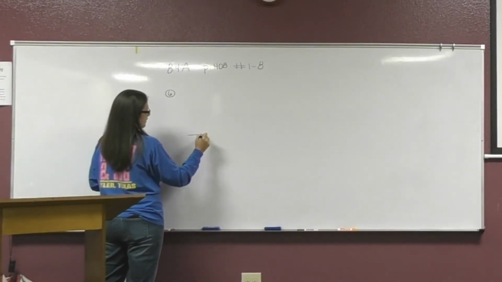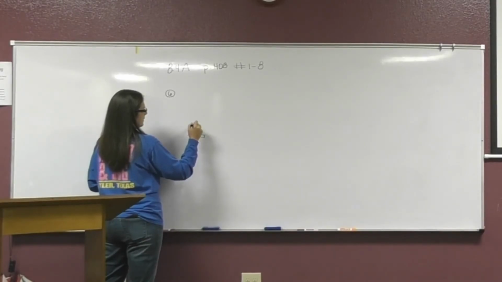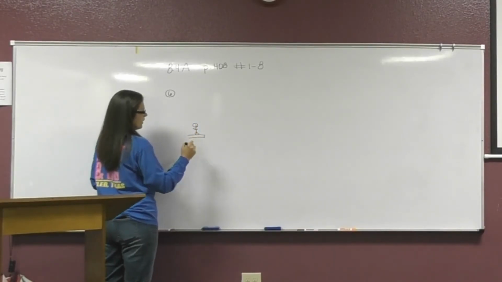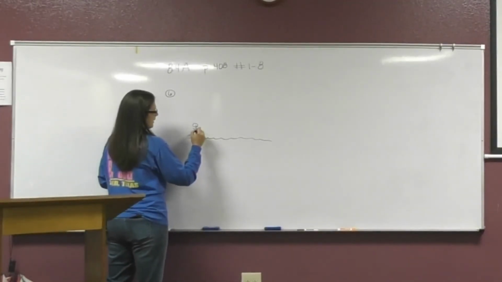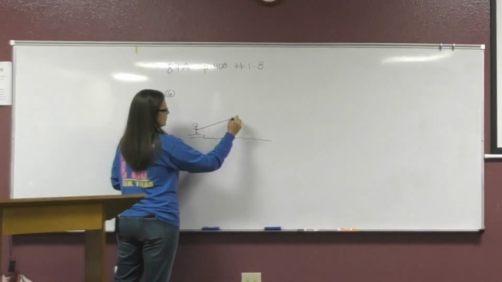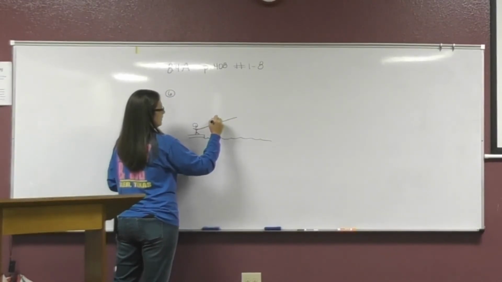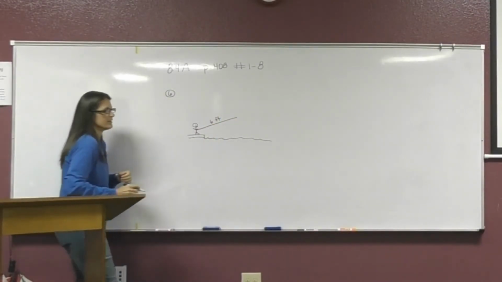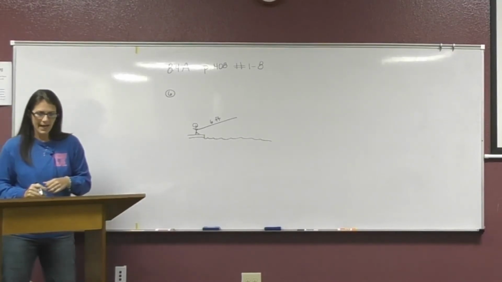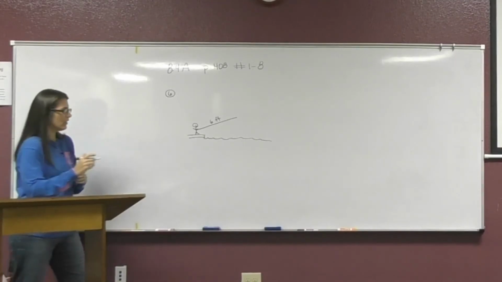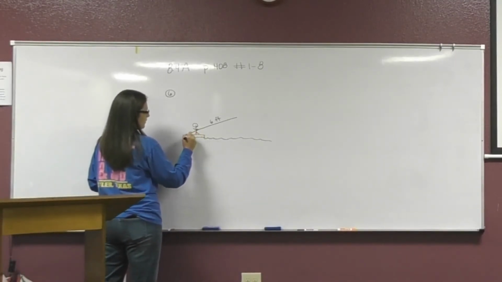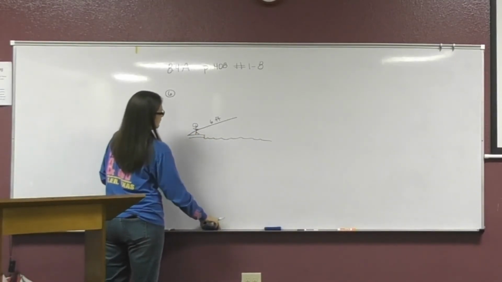Here's the dock, and here's Kevin on the dock. Here's the water, and then here's his fishing pole, 6 feet, and it says that he's holding it at an angle of 40 degrees.